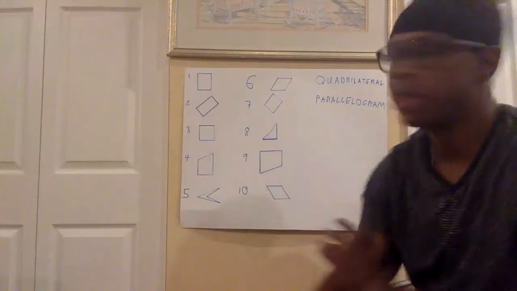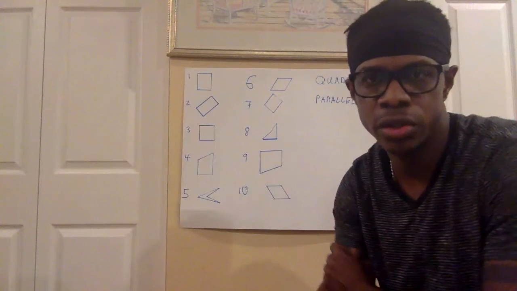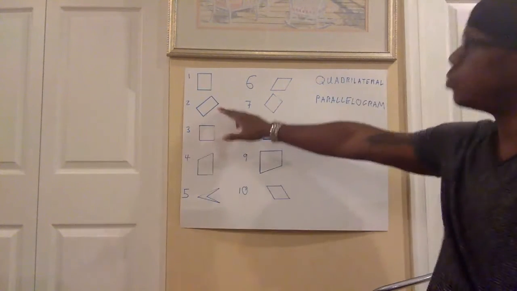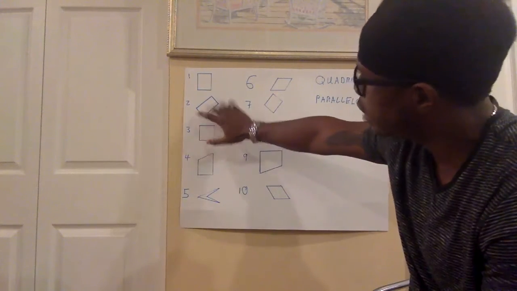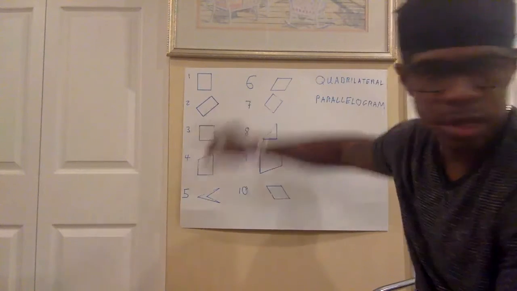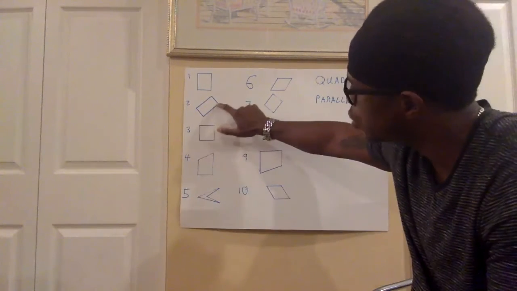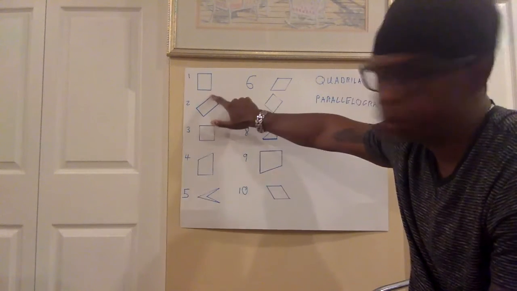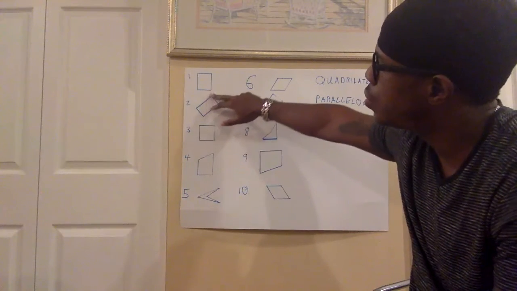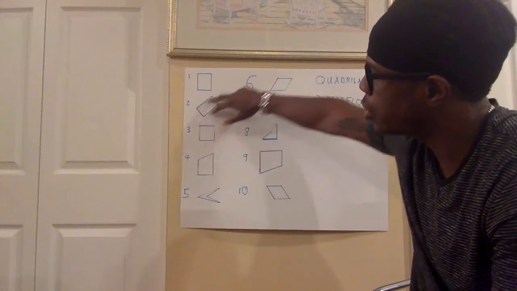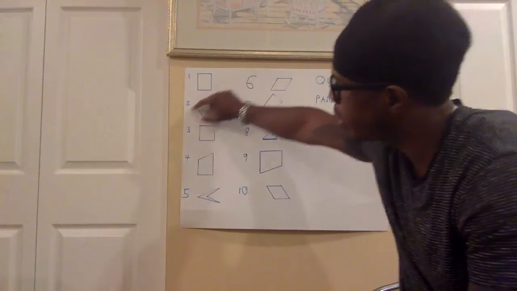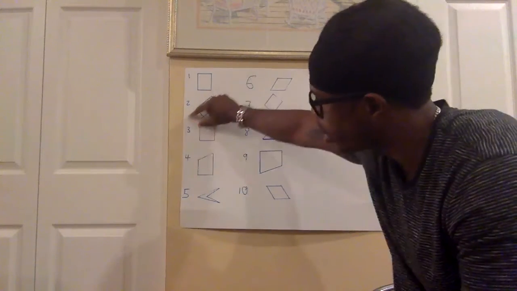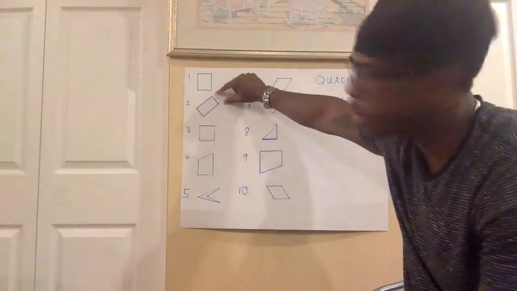Number 2, I'm going to give you the answer for number 1 and number 2, and you can do the rest. Now again, even though it's slanted, if you use an imaginary line, I like to use a pencil and just do an imaginary line. If we keep going, these two lines will never touch. So we can say these two are parallel. This is one pair of parallel lines.